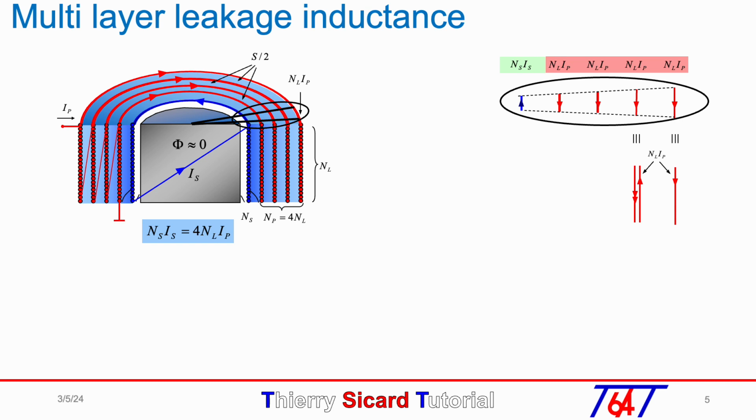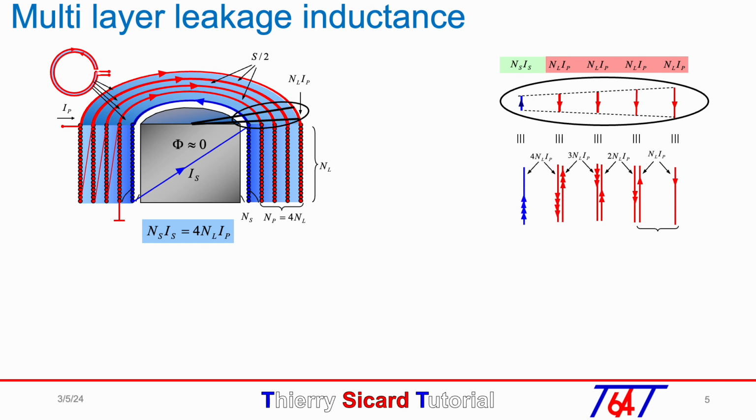So the NL IP in both directions can be seen as a single coil going back and forth as described in the previous slide, number 4. We continue with 3 times NL IP in one way and twice NL IP in the opposite way, then 4 and 3.